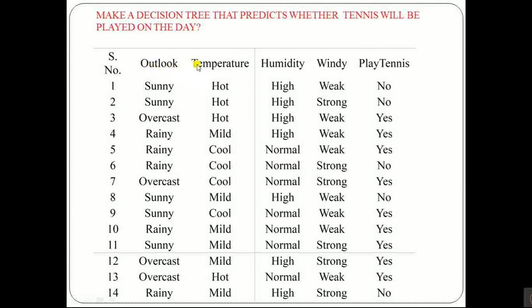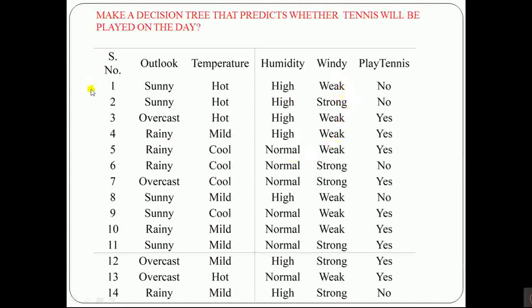Here different attributes are given. One is outlook. In this outlook, whether it is sunny, overcast, or rainy. Then another attribute, temperature. It may be hot, mild, or cool. And humidity, it may be high or normal. Then windy, it may be weak or strong.